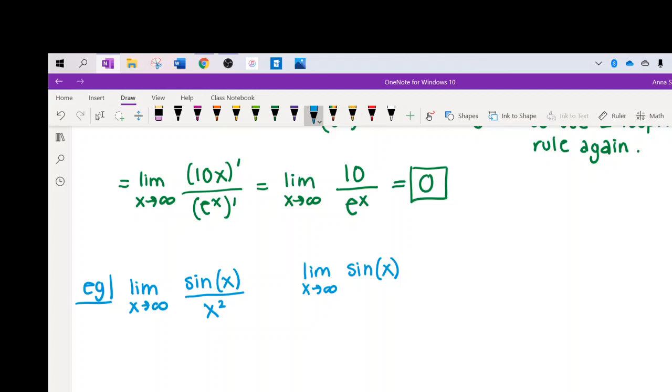And none of those things happen with sine of x. Sine of x just kind of goes back and forth and back and forth. So the limit does not exist. Whereas the limit as x approaches infinity of x squared is equal to infinity. And so this tells us that we cannot use L'Hopital's.